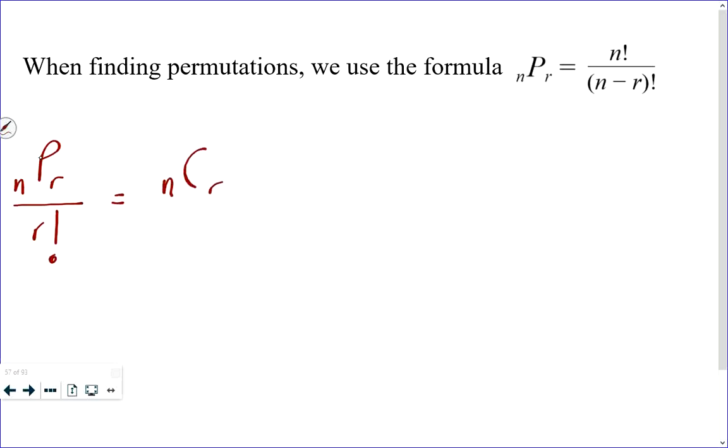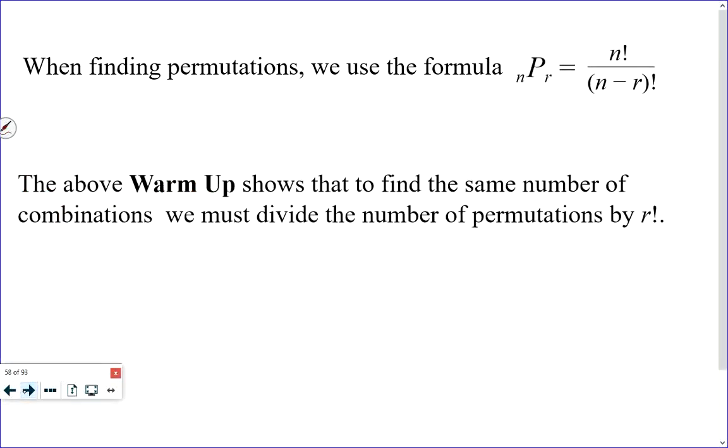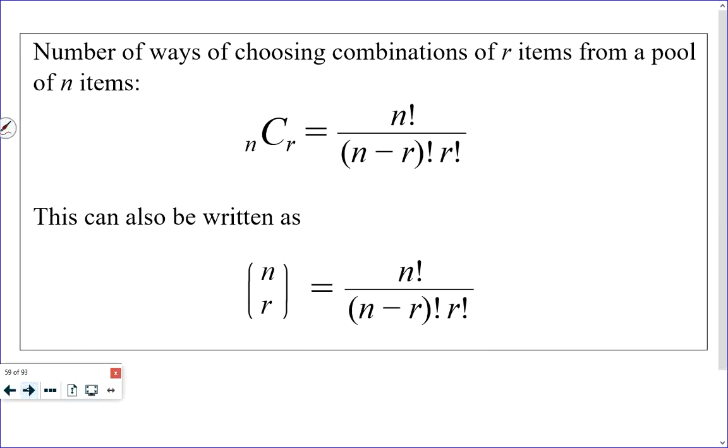That's what we said. I'm using notation here, but we said 24 divided by 3 factorial gives you the combinations. That means that this is the formula. Don't worry about the second one. This top thing is the formula for combinations. Notice there's that extra r factorial on the bottom because you have to divide by r factorial.